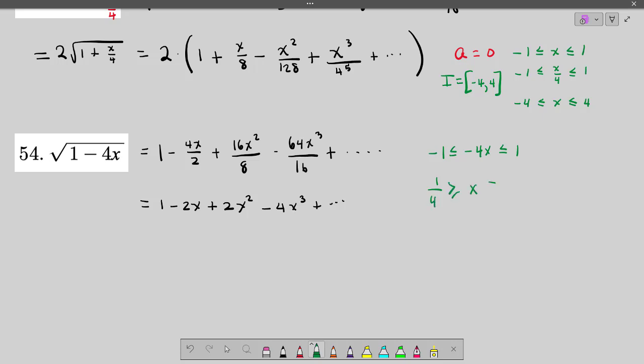Switch the inequality. So the IOC will be negative 1/4 to positive 1/4, including the endpoints. That'll be our interval.